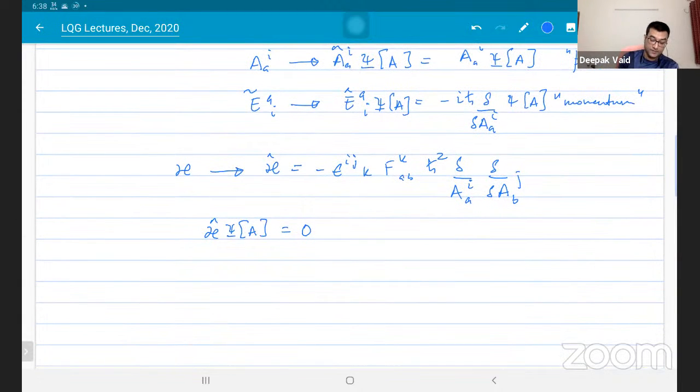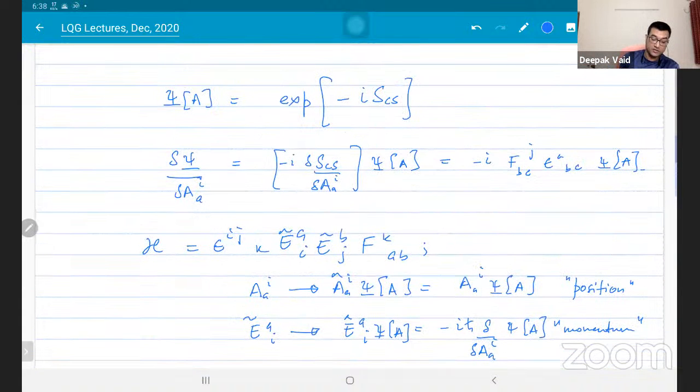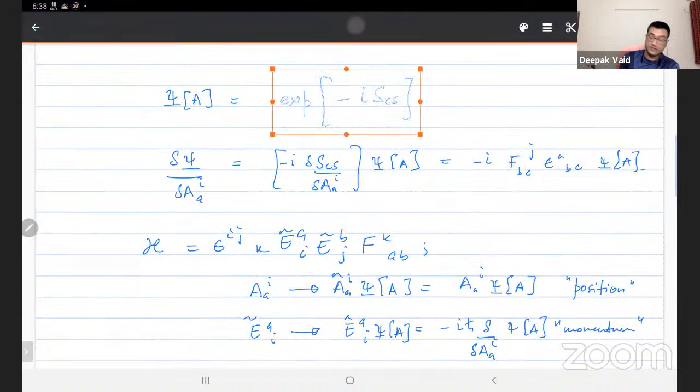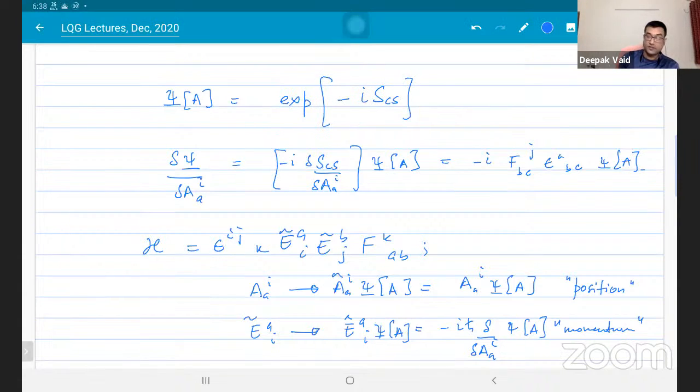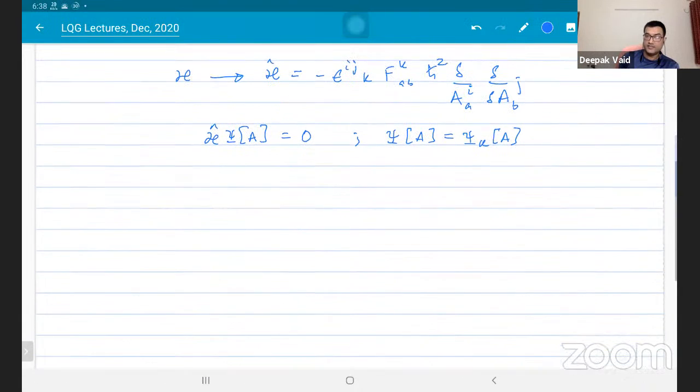So if your psi of A is equal to the Kodama state, that's what this functional is called, this thing. This is well known in gauge theory also, this sort of functional. So it's not very surprising that it solves this constraint.